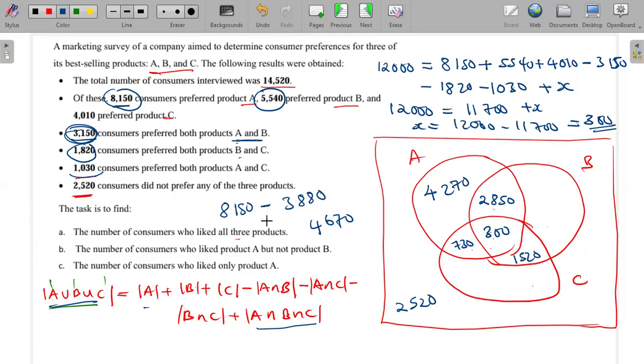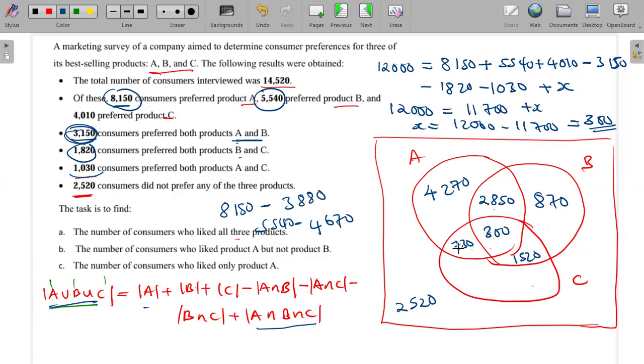So I'm going to say that is 5,540 minus the 4,670, which gives me 870. So that's 870 like product B only. I do the same for C.